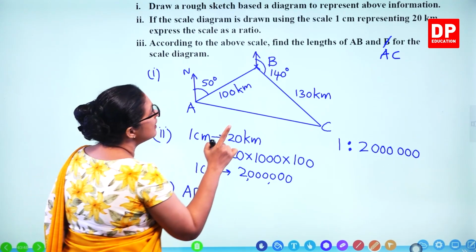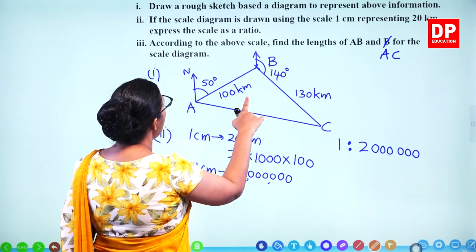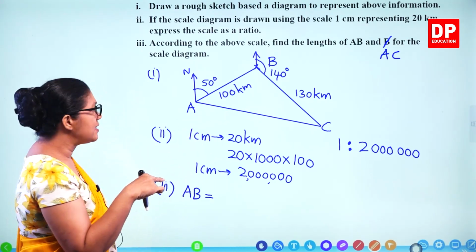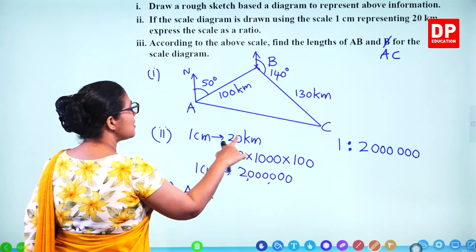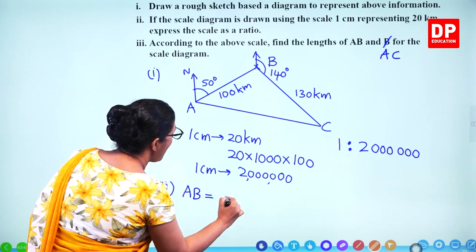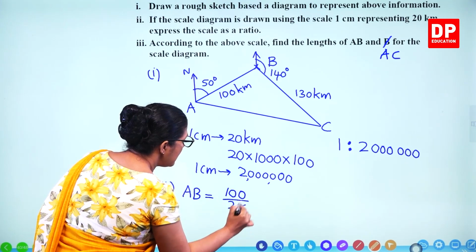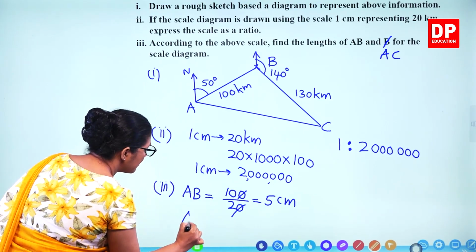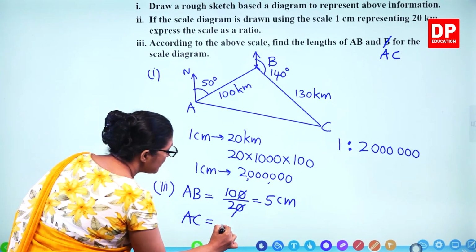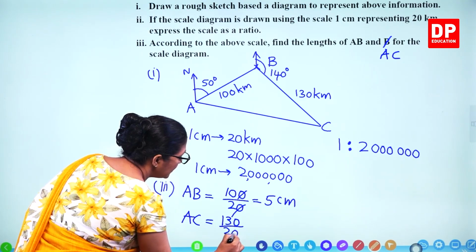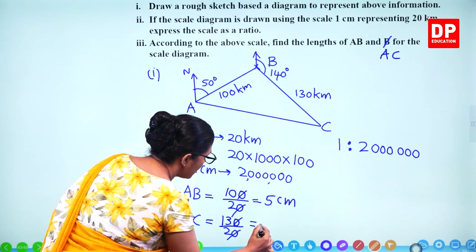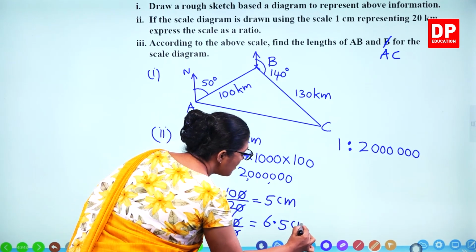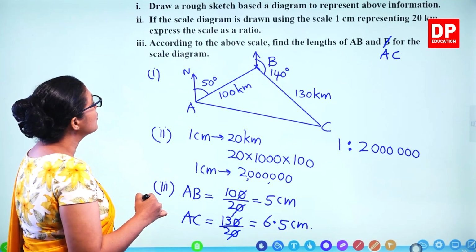AB length is this one, 100 kilometers. So that means you have to divide by 20 and see how many centimeters, because 1 centimeter is 20 kilometers. So 100 divided by 20, you get 5 centimeters. And what about AC? That's 130 divided by 20. You get 6.5 centimeters. So those are the two lengths.